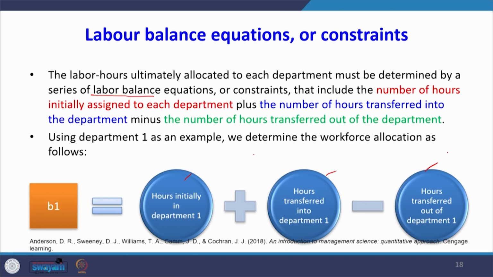So, if any labor hours are transferred to a particular department, we add plus. If any labor hours move away from that department, we add minus. That is the meaning of this B1.